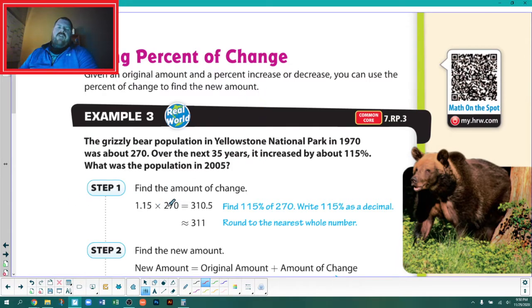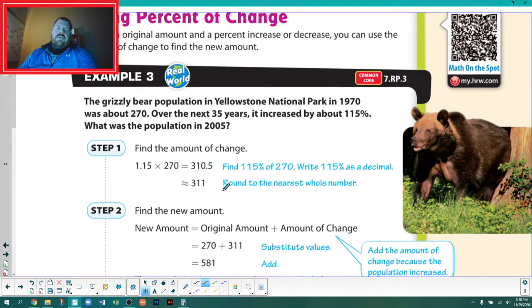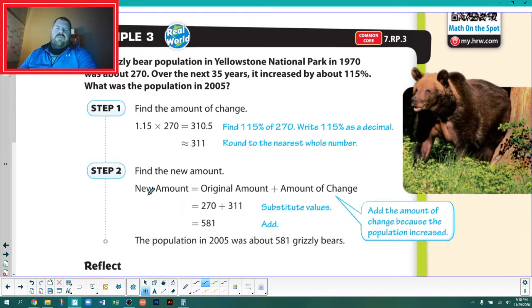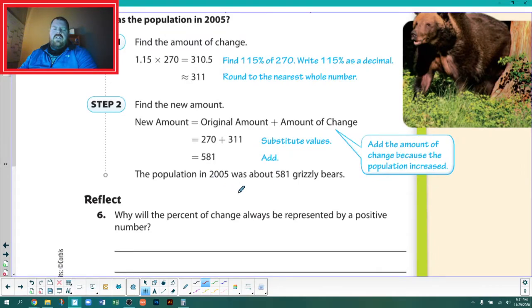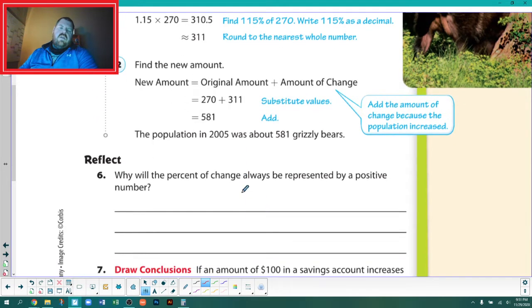So 1.15 times 270 is about 310.5, rounded to the nearest whole number is 311. To find our new amount, we take our original 270, add on the 311, and we get 581. So the population in 2005 was about 581 grizzly bears.